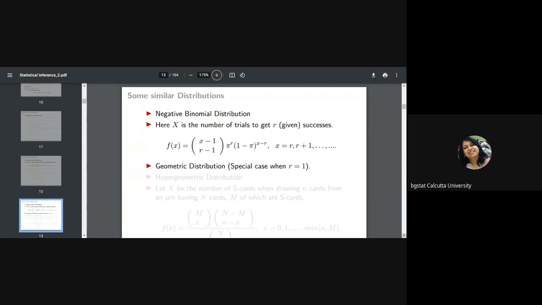In that case, the probability becomes x minus 1 choose 1 minus 1, so x minus 1 choose 0, which is 1, times pi to the power 1, times 1 minus pi to the power x minus 1. So basically 1 minus pi to the power x minus 1 times pi, and x can be 1, 2, etc. This distribution is called the geometric distribution. It's the special case of the negative binomial distribution when we're looking at the number of trials required to get the first success.